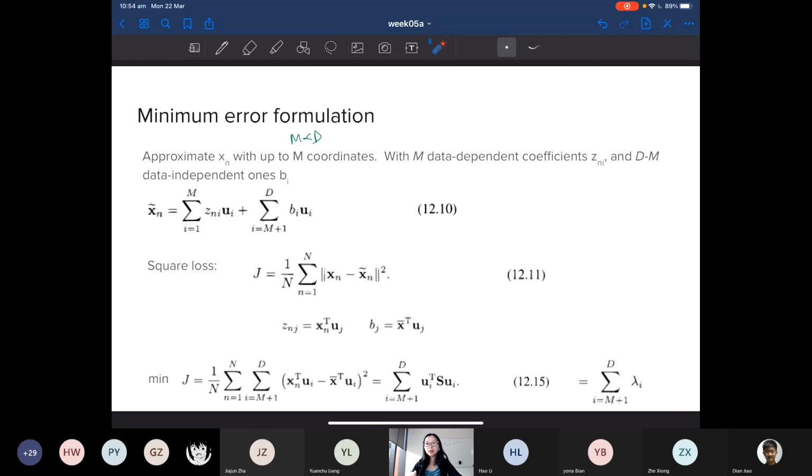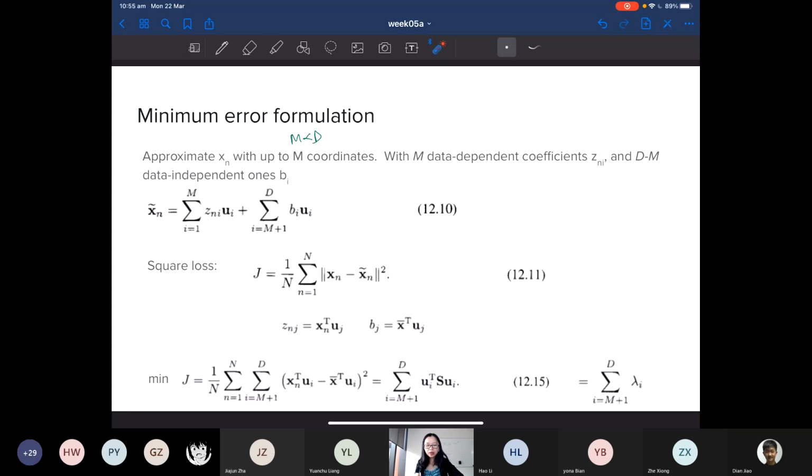We get this result. I'm not going to work through it, and I'm happy to leave this for you to work through offline. So for now, just trust me and trust the book on this. If we plug both of these expressions into 12.11, we get this expression J here. For now, we haven't said what these u_i's are, but if we plug them in, we see a familiar form again.